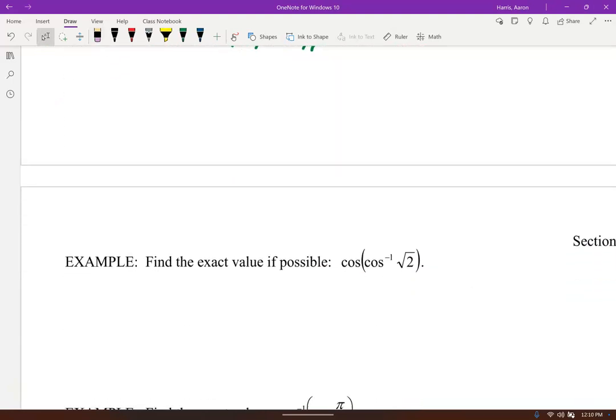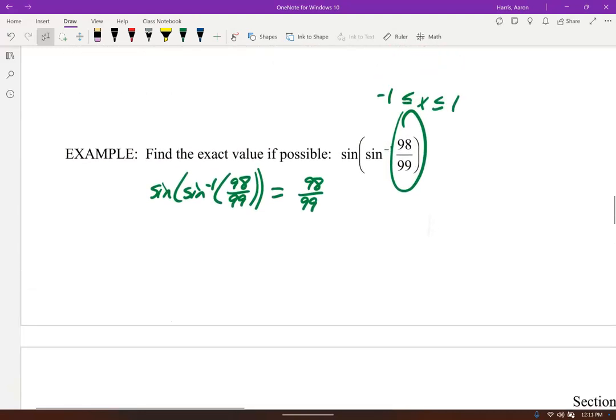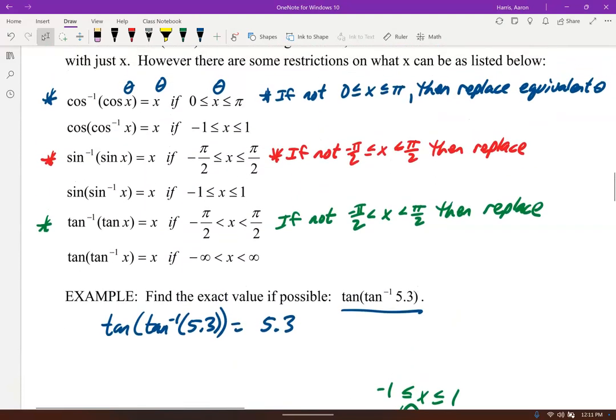How about the cosine of the arc cosine of root 2? So let's go back up here. Cosine of the arc cosine of root 2 is root 2 as long as root 2 is less than or equal to 1, greater than or equal to -1. Well, if I punch in square root of 2, it's like 1.4-ish.